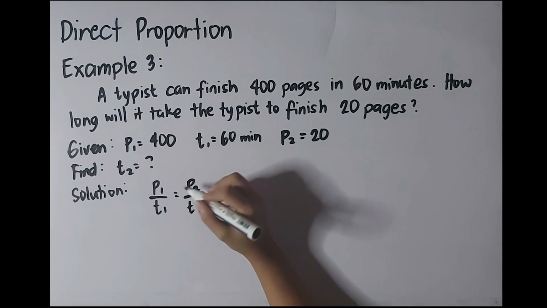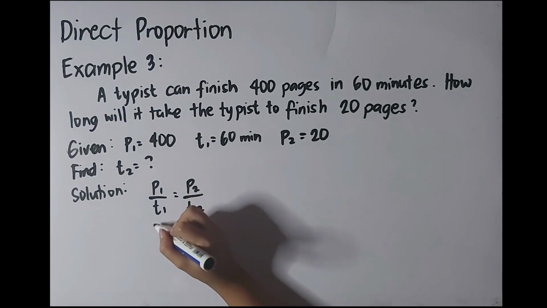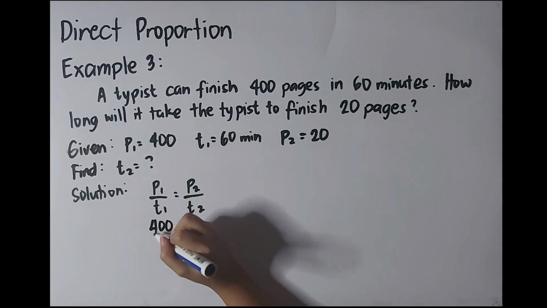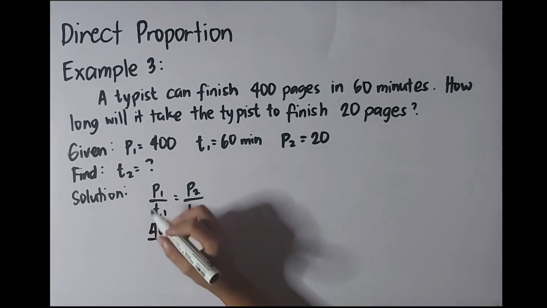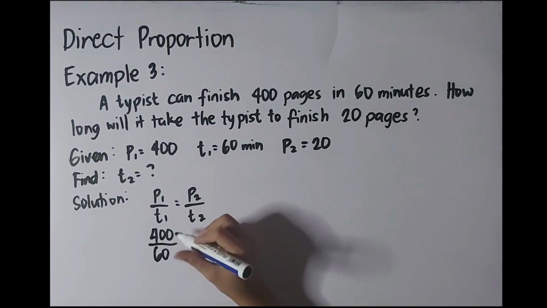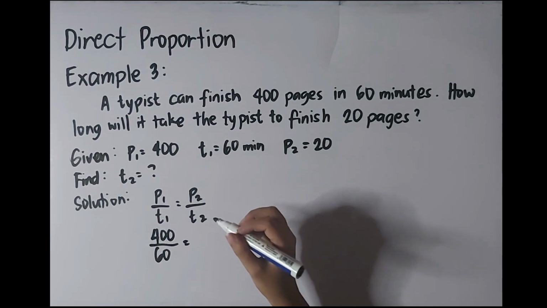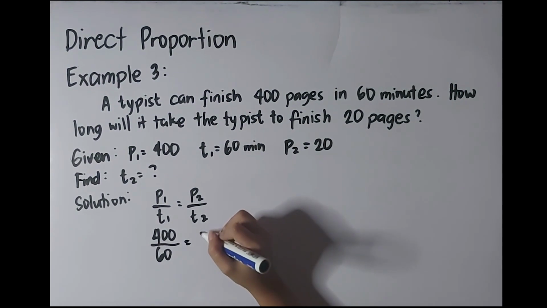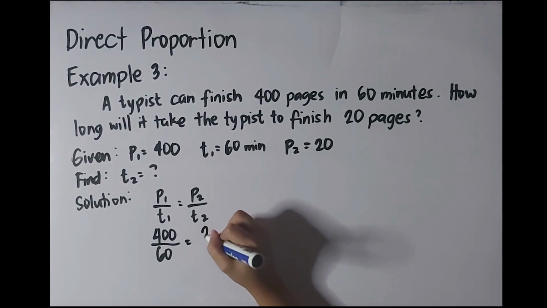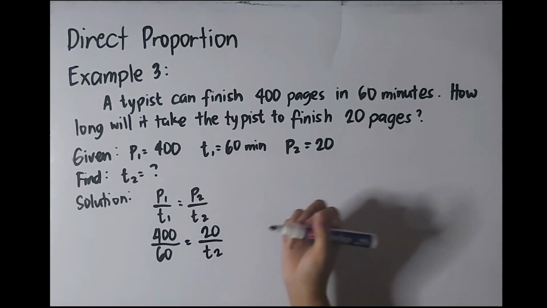So we are looking for T2. We have P1 which is equal to 400 pages, then our T1 is 60 minutes. We're not writing the unit since they will be the same. So P2, that is 20 pages over T2.